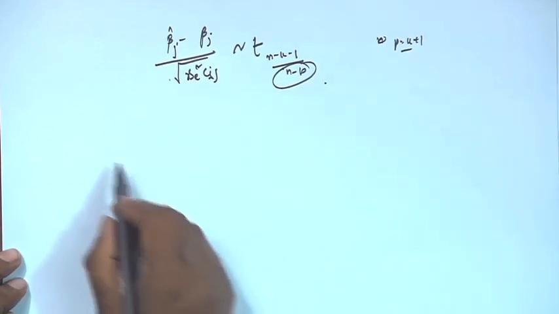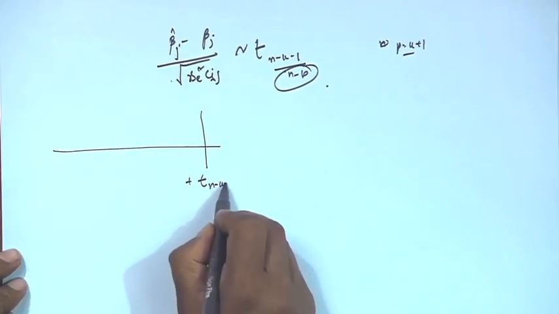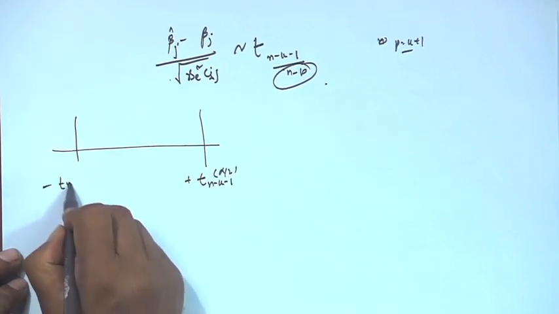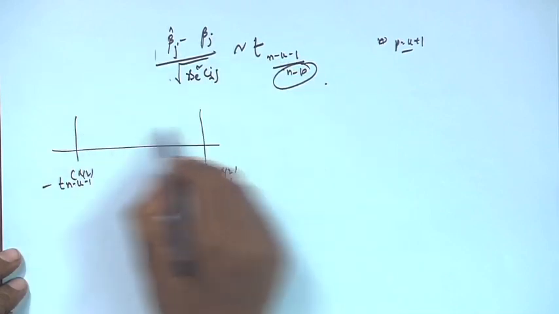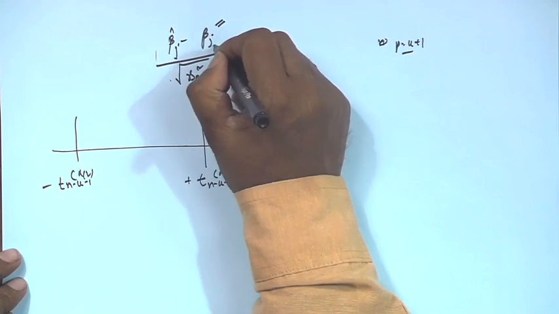And then, as I have already told you, this side is plus t with n minus k minus 1 and alpha by 2, and this side will be minus t n minus k minus 1, alpha by 2. Then this quantity will be in between this. Again, under H0 beta j equal to 0.